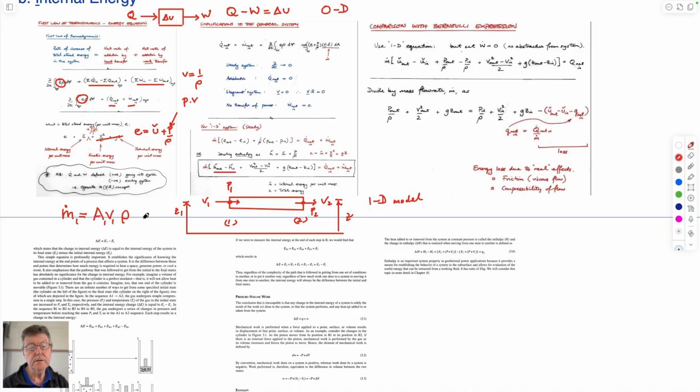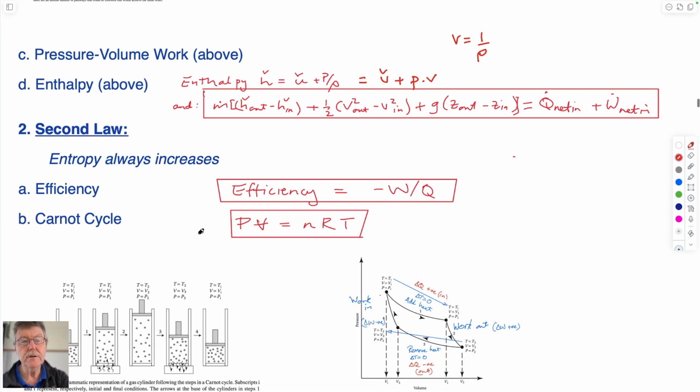Kilograms per meter cubed ends up being in units of kilograms per second. And so a mass flow rate into the system, enthalpy, velocity, elevation between inlet and outlet, and the definition of heat rates and work rates, both defined as putting positive as put into the system.